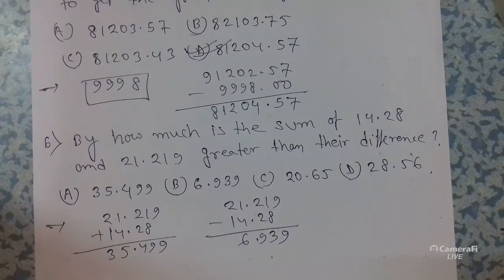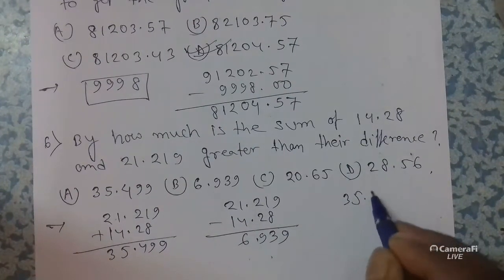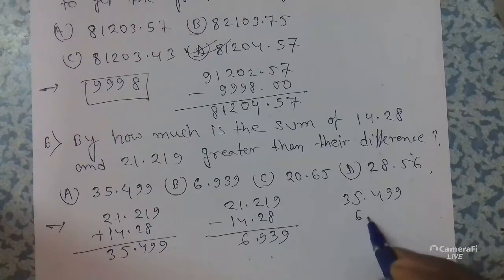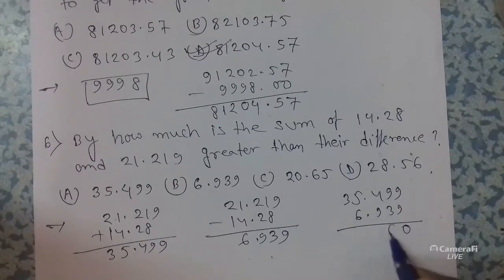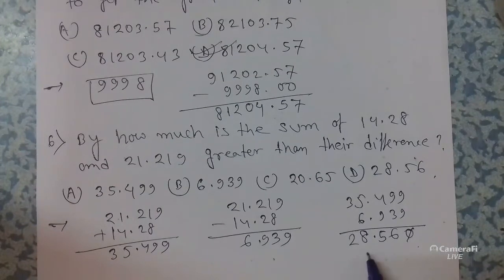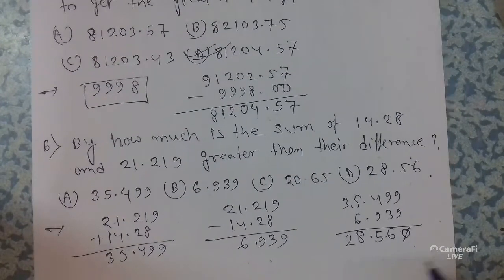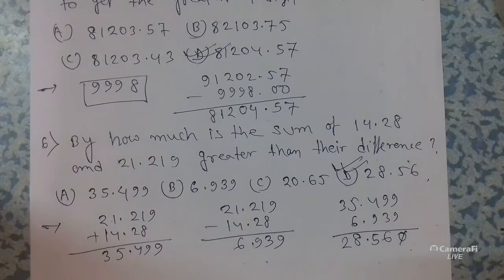Now, by how much is the sum greater than their difference? Now subtract it again. 28.560. So 0 is negligible. So here the answer is 28.56. So option D is the correct answer.